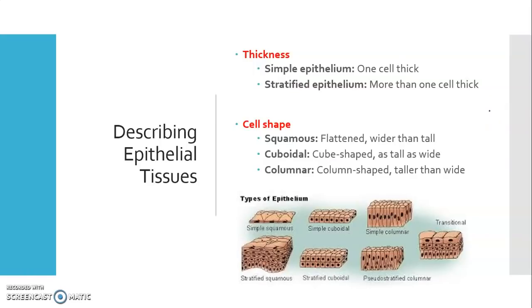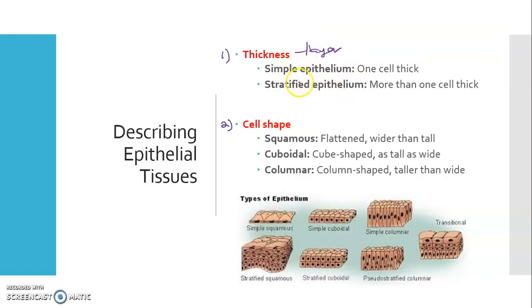So now, how can we describe the epithelial tissues? It can be described based on two classifications. Okay, the first is based on the thickness, and the second is based on the cell shape. Okay, I think you have known already. Thickness depends on the layer.